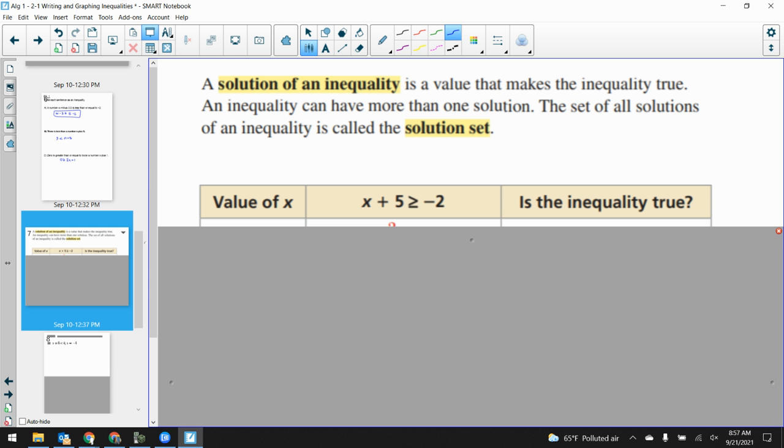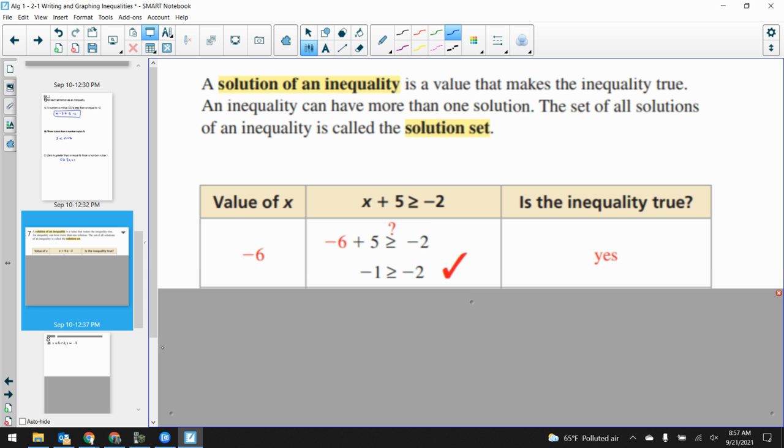Now, it's a little bit more difficult. For example, and this box is left intentionally blank for you to fill in on your guided notes, if I have the value of negative 6 for this inequality, x plus 5 is greater than or equal to negative 2, all I do to test whether negative 6 is a solution is plug it in. Negative 6 plus 5 is negative 1.